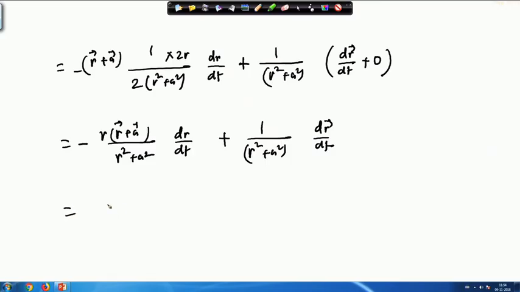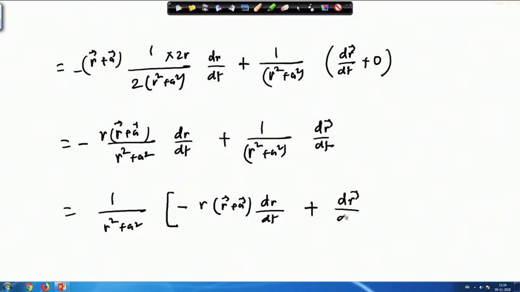So that means I can take 1 by r square plus a square common, and this one will be minus of r vector r plus vector a dr/dt, and this one will be plus vector dr/dt. So there is a big difference between dr/dt and the vector dr/dt. We should not be confused with them. So this is the required result in a way.